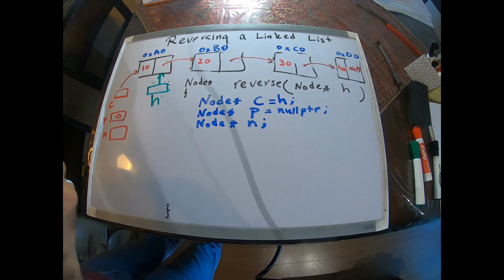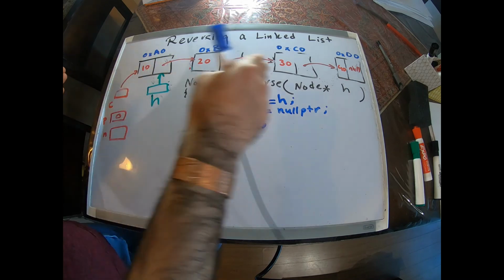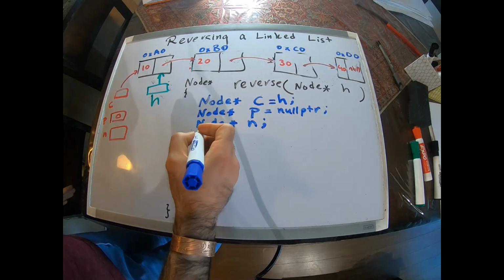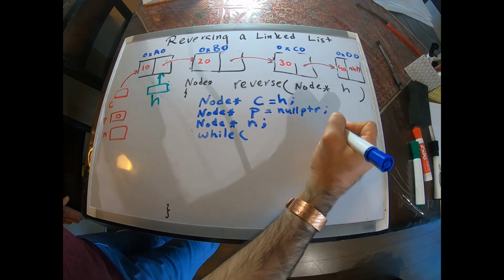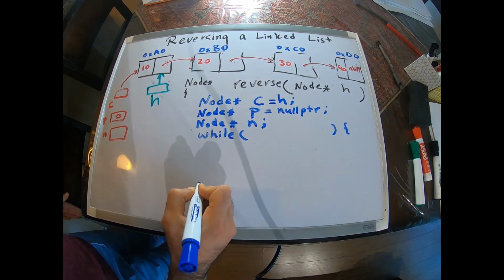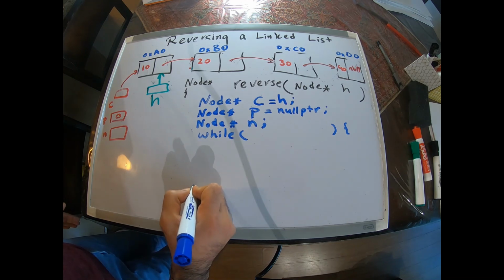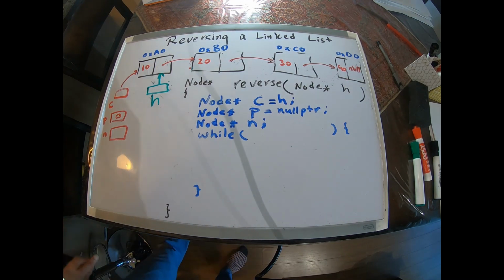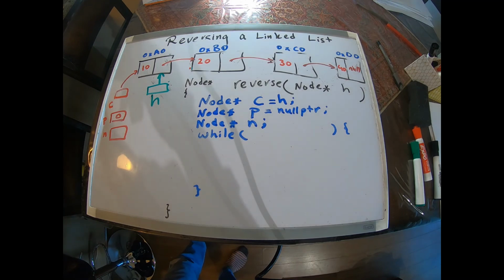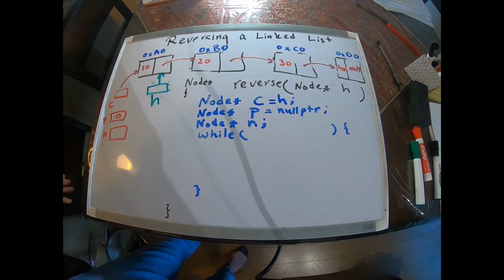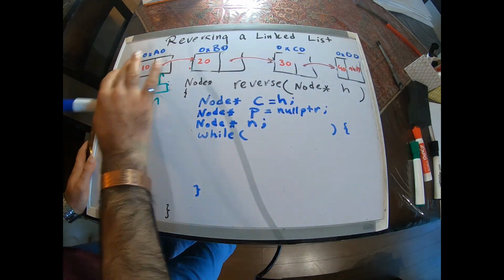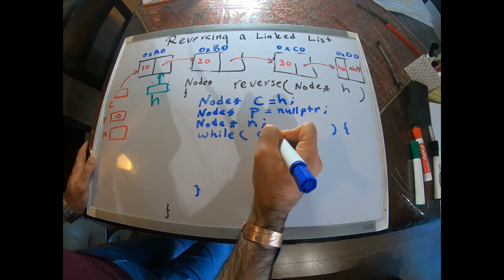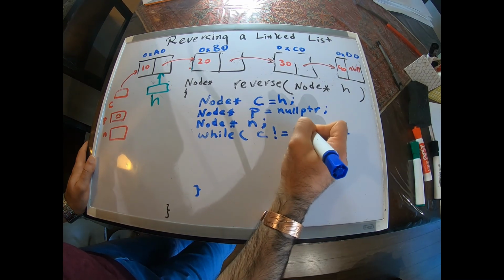So I want to write a loop that would traverse through the linked list. Let me write a while loop. I'm just gonna open and close brackets like this. It's basically saying that while I haven't got to the end of the linked list, so while C is not equal to null, right?